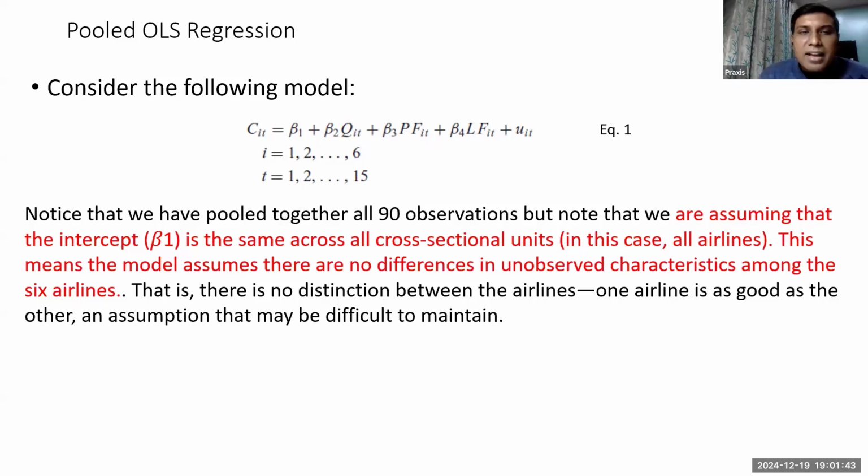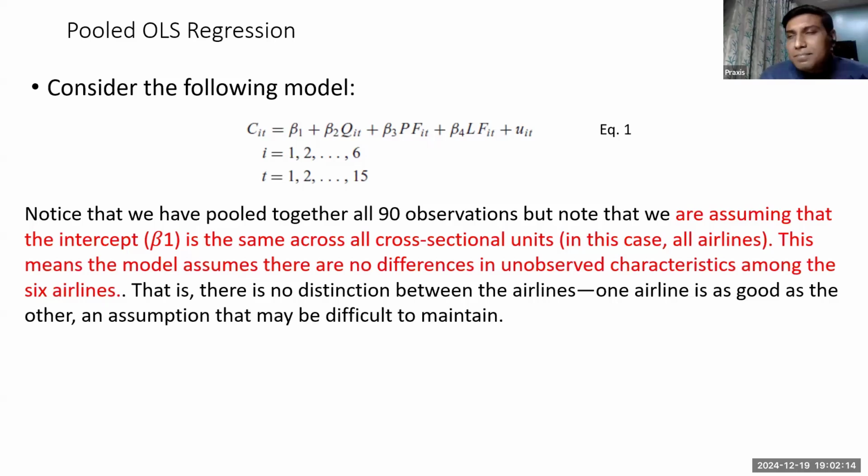And here i is running from 1 to 6, that is 6 firms, and t is 1 to 15, that is 15 years of data. The interesting thing that you need to observe here: what is the implicit assumption? You are assuming that the intercept, which is beta 1, is the same across all cross-sectional units, that is the airlines in this case.